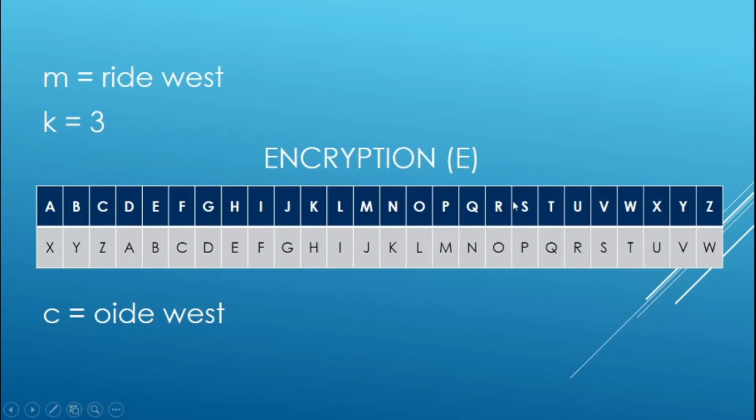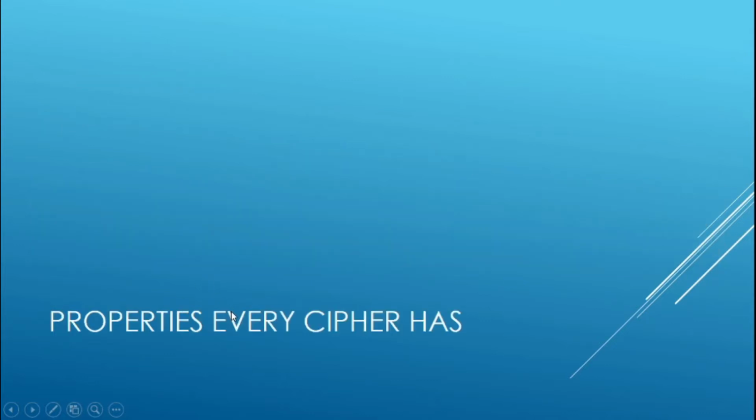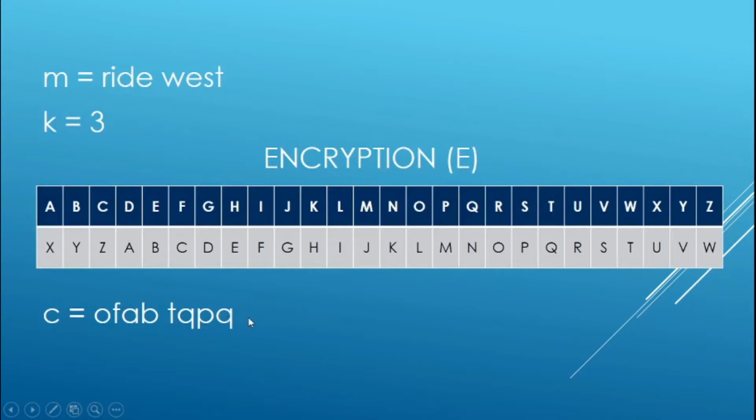So, yung R, since we already shifted the position of the alphabets to the right, forward, ang ibig sabihin na ay yung R will become O. Yung I ay magiging F, yung D ay magiging A, at yung E ay magiging B. So, using the same algorithm to the second word, ang makikita natin ay ito.